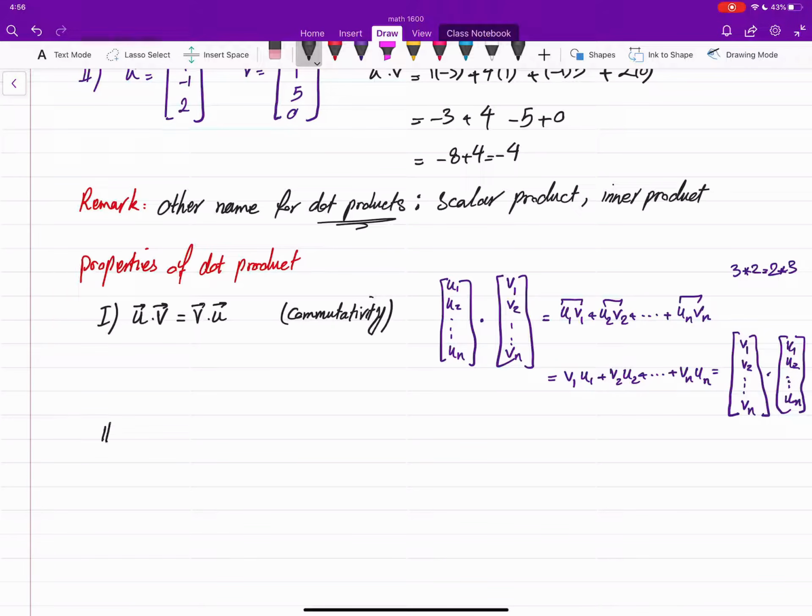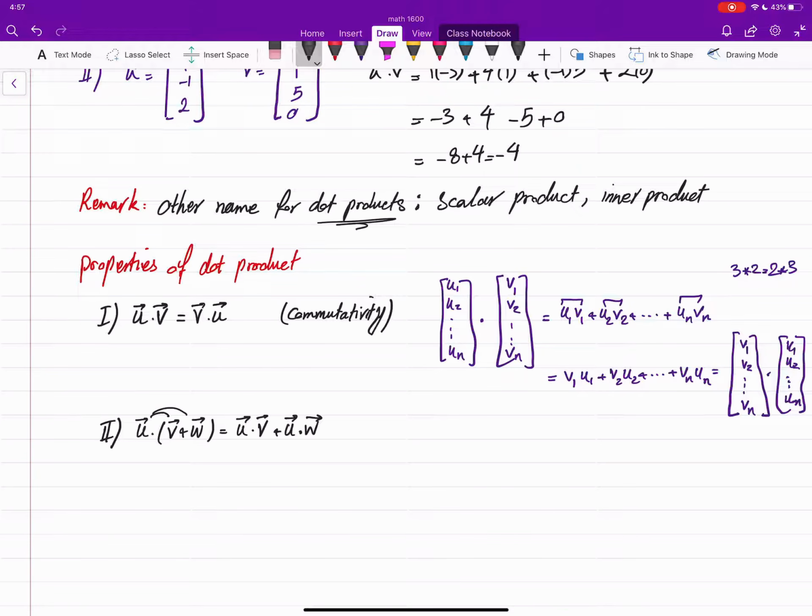The second property is that dot product and vector addition work nicely. So u dot (v plus w) distributes on the sum. It's u dot v plus u dot w.